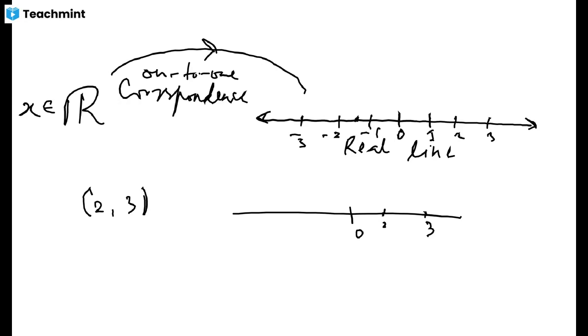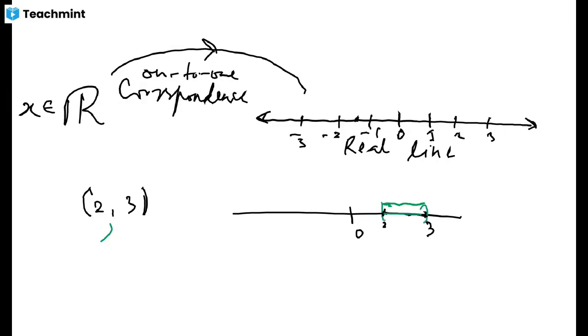This interval will include every real number between 2 and 3, and that corresponds on the real line to the segment with one endpoint 2 and another endpoint 3. But it is an open segment because 2 and 3 are not included. When it's a closed interval, then it's a closed segment from 2 to 3.